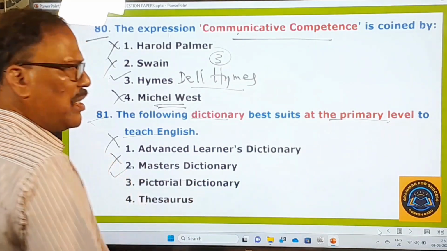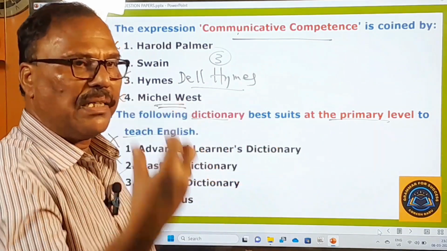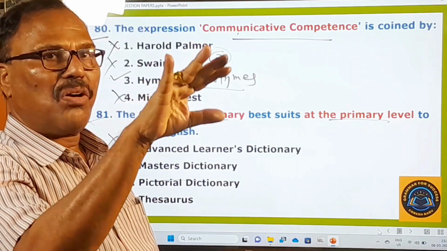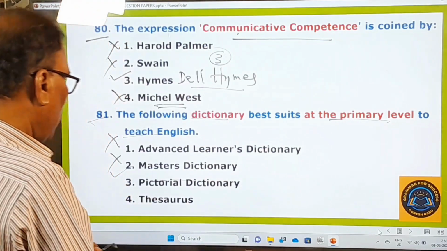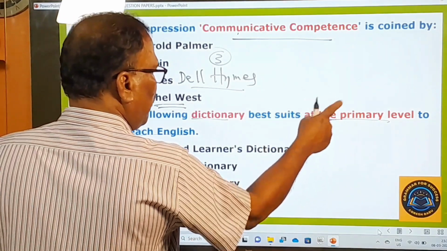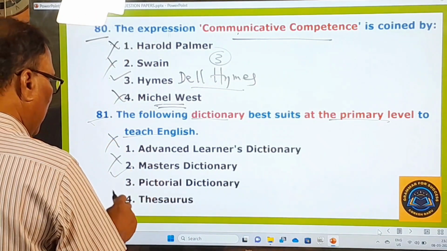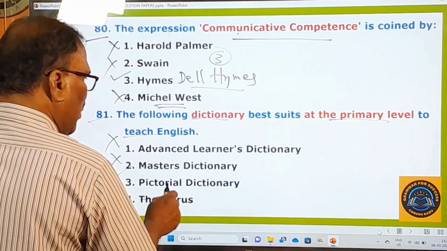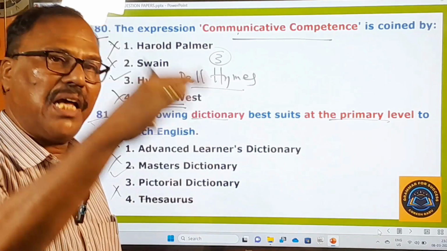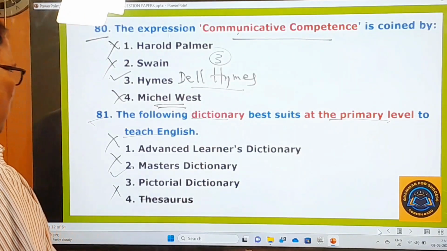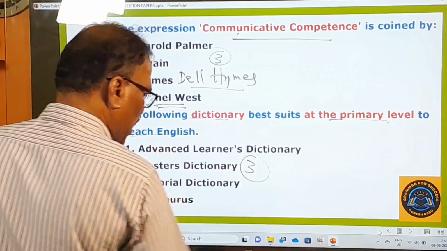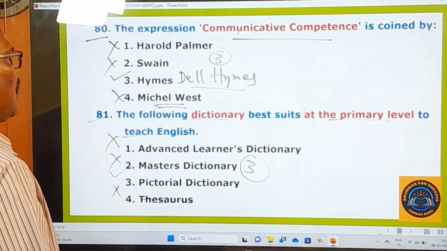Pictorial Dictionary means a dictionary that contains words, along with pictures. A picture dictionary is called a pictorial dictionary. So this is very useful for children at the primary level. So this third one is the right one. Thesaurus is there. A thesaurus is a book in which you find not only the words but also their synonyms and antonyms. Right. And here the first one, second one, fourth one are wrong. Only the third one is the right one. And now let's move on to the next question.